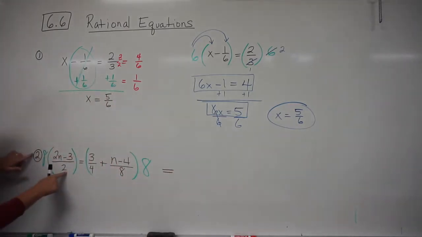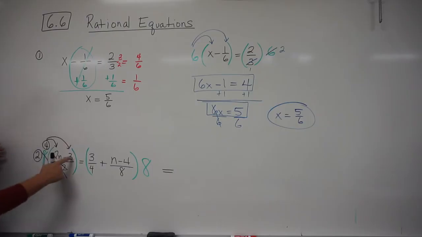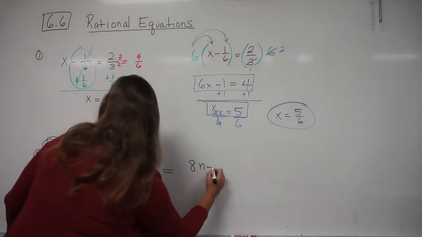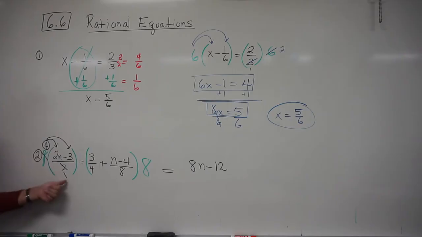On this side, 2 and 8 have a common factor of 2. So I'm left with 4 times 2n minus 3. I'll go ahead and distribute. That gives me 8n minus 12. And the fraction is gone. The 2 canceled out into the 8.